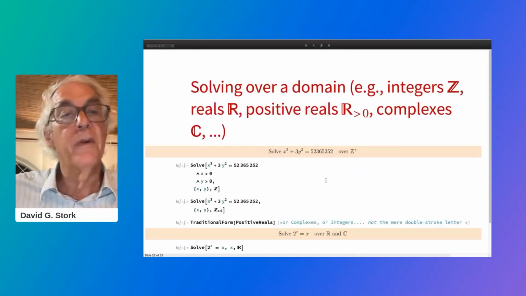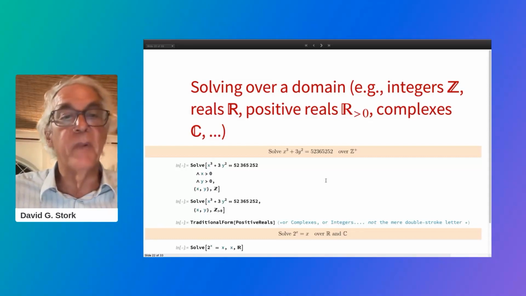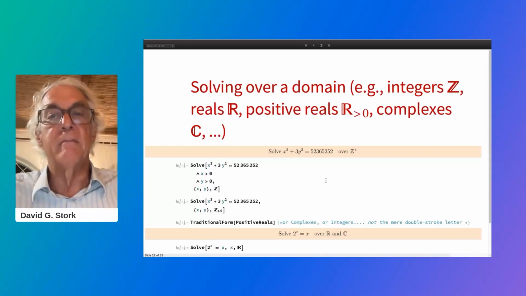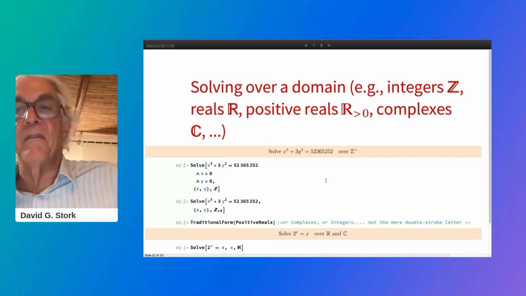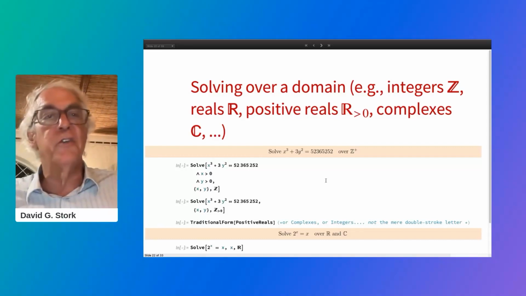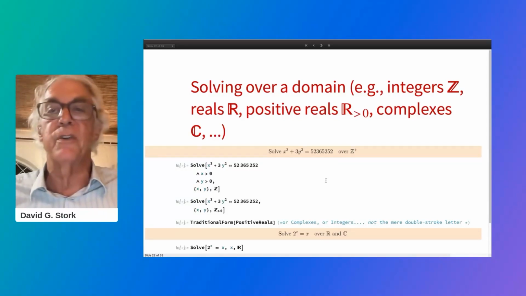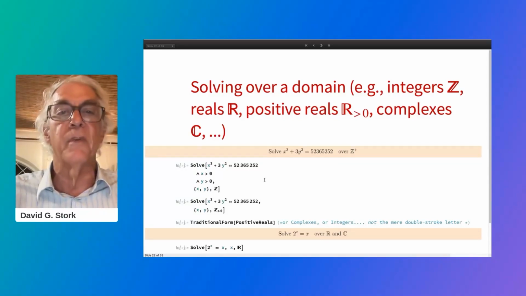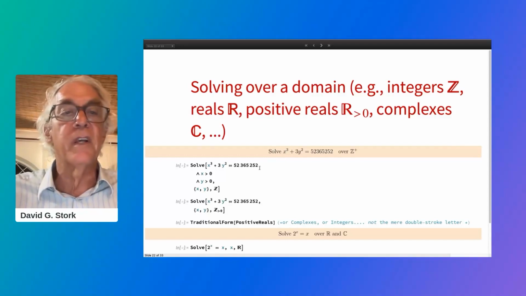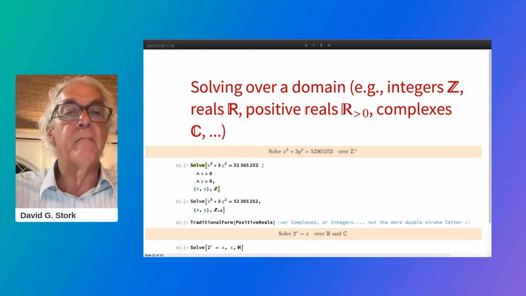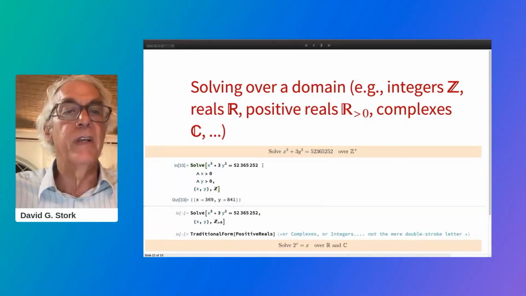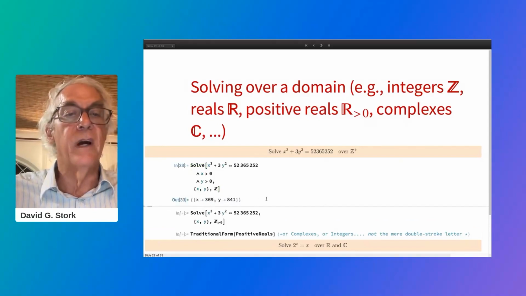So another aspect of symbol manipulation is the domain of the variables. Are they integers, positive integers, negative integers, complex variables, and so forth? So solving this equation over positive integers, you get x equals 369 and so forth.